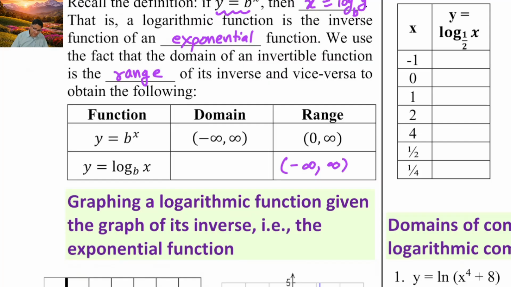And the range of exponential function, I should have mentioned this here, b is greater than 0. When you take any exponent of b, the values are always positive. So the range was 0 to infinity. That means the domain of logarithmic function is 0 to infinity.